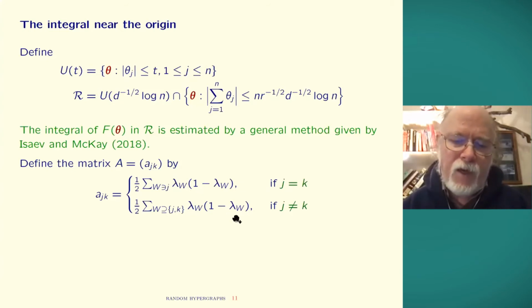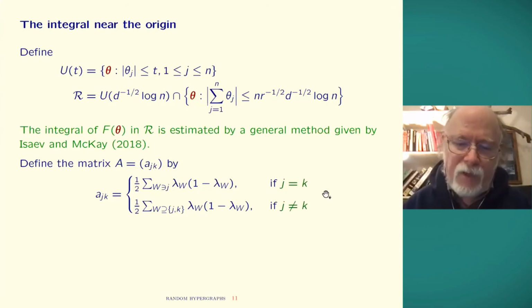And for the off-diagonal JK entry, you sum the same thing over all W's that contain both j and k. Of course, these lambda_W's depend on betas, so this is a bit of an obscure thing, but that's the definition of A.